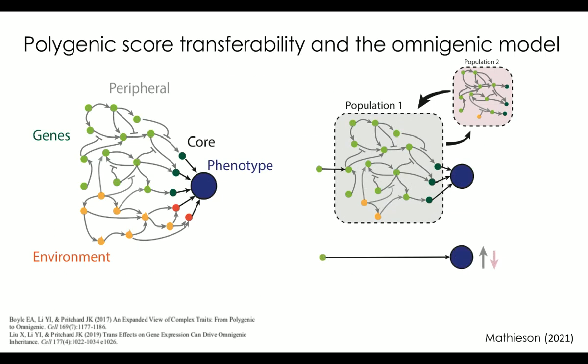What that means is that the marginal effect of any particular variant on the phenotype is likely to change as well. So I would argue that under the omnigenic model, we expect effect sizes to be different across populations. This is something that I think we and others will be able to test directly in the next few years as more diverse data sets come online.